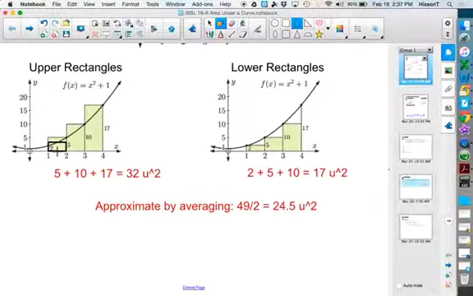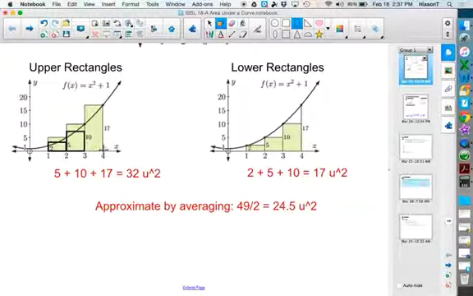So here's 1.5. We would cross the actual function right here at where x equals 1.5. And then same thing here. Between 2 and 3, we would make the height of the rectangle whatever the function equaled at 2.5.